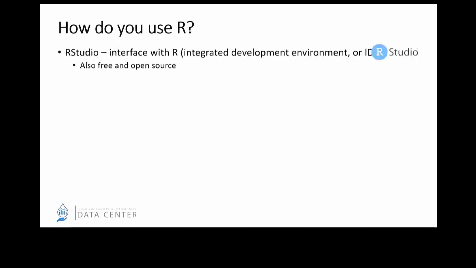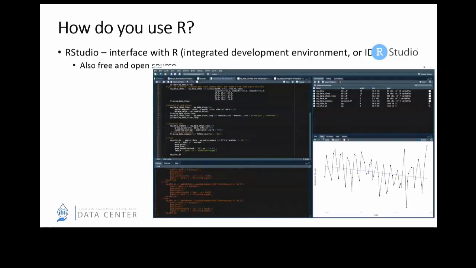So how do you actually use R? First, I wanted to point out that there's something called RStudio, which is also free and open source, that gives you an interface with R that makes it a lot easier to work with. This is a screenshot of what it looks like if you open it up on your computer.